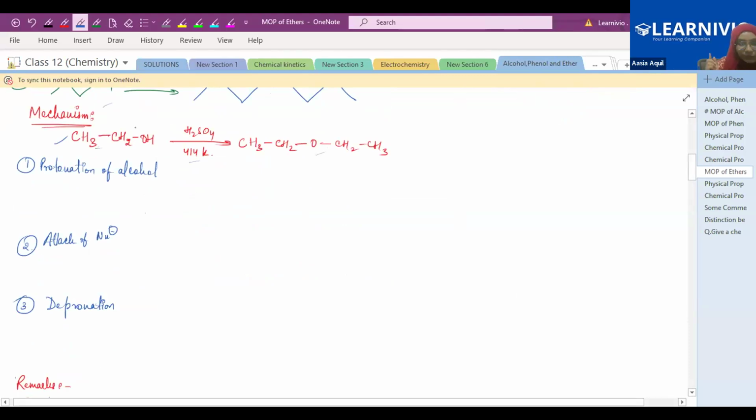Here the oxygen has a lone pair, so everything depends on this lone pair. So CH3CH2OH: the oxygen has a lone pair, and H2SO4 will give you an H plus ion. So what happens? This oxygen has a lone pair.